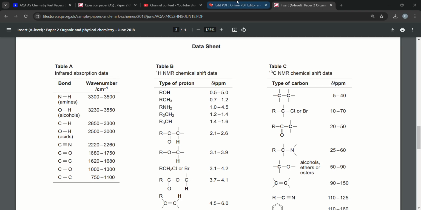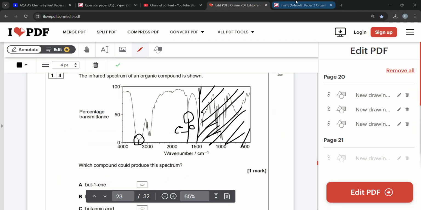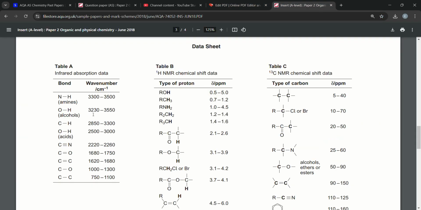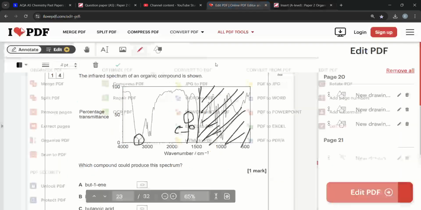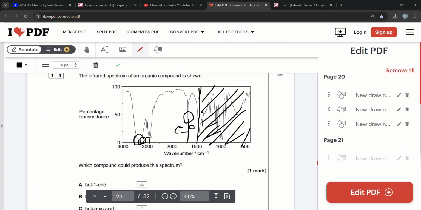And then we're also looking for 3300, something like that. So OH group in alcohol. That's for NH amines, but that would be between that. So yeah, OH alcohols.